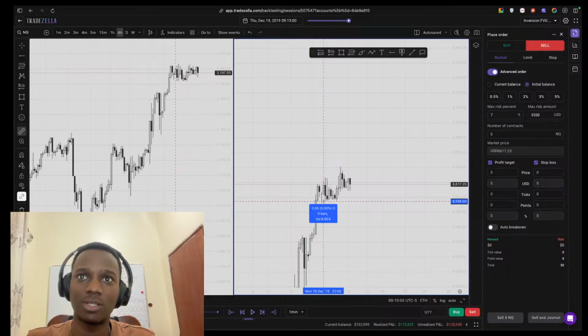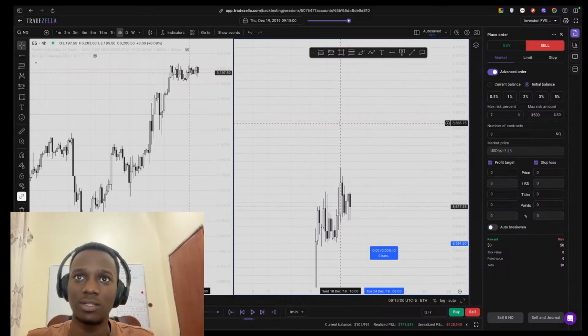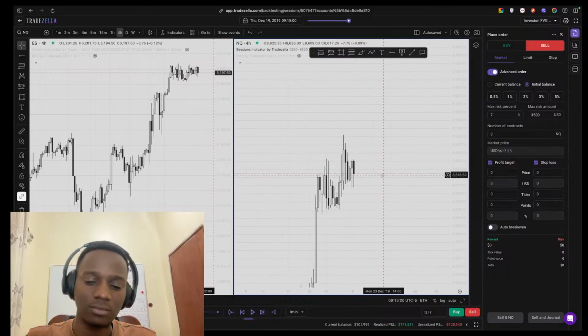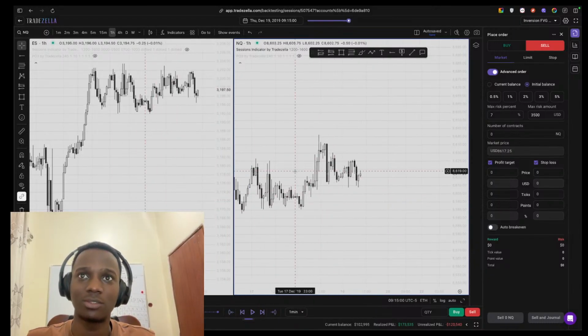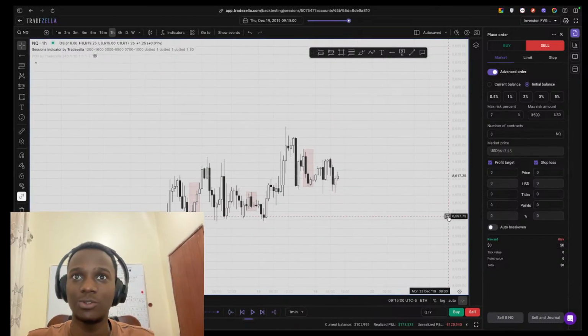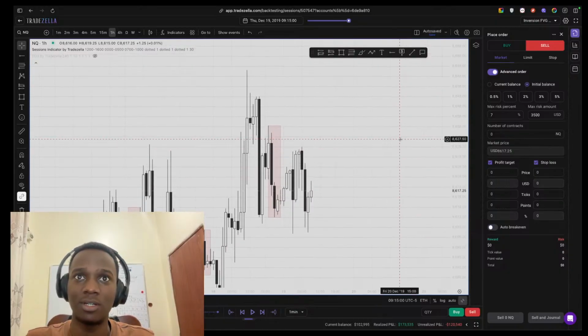So price failed to run these lows, instead pushed higher the next day. And we're in a very crazy consolidation here, so finding continuation trades here will be hard.